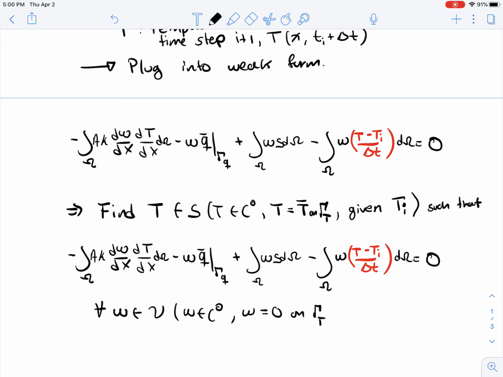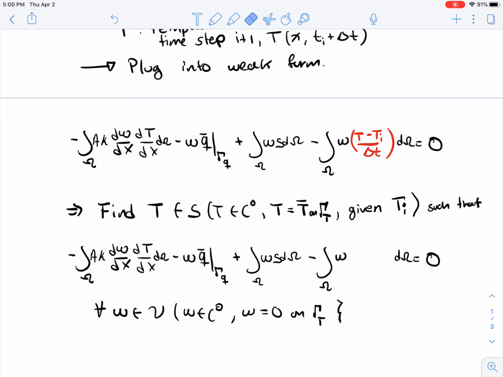So this is on gamma T. That's it. That's what I want. I want the temperature at the next time step that is C0 continuous, that satisfies the essential boundary conditions, and assuming that I know the temperature at the previous time step, then I need to solve this equation for all W with W equals 0 on the essential boundary condition.